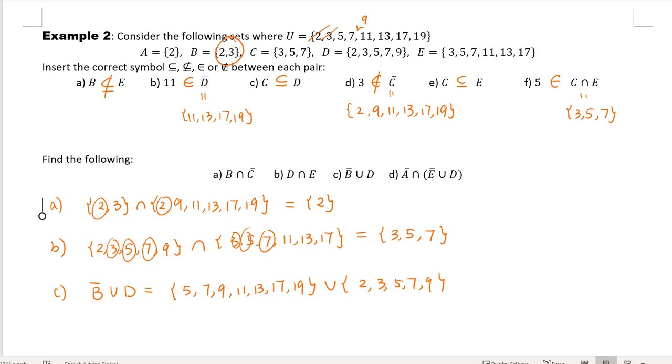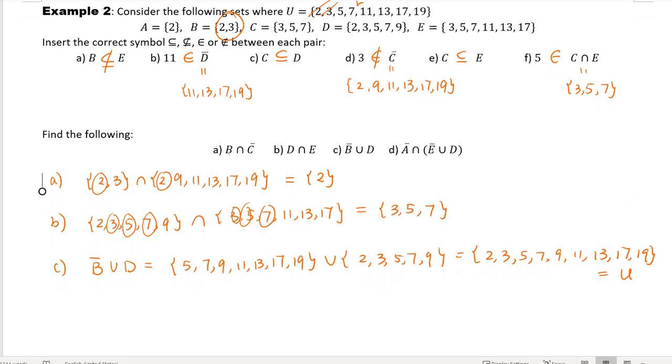When we union all of them, do you see we just add the 2, 3 to the B complement? So we get 2, 3, 5, 7, 9, 11, 13, 17, 19. Wow, actually, that is U. So we get the whole set.